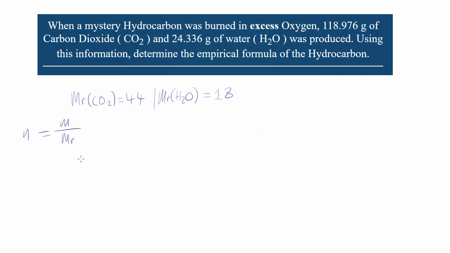So in this format, what we need to do to get the moles of both the CO₂ and the H₂O is divide the masses given in the question by the molar masses. So in the case of the moles of CO₂, that's going to be equal to 118.976 divided by the molar mass, which we've worked out is 44, right?